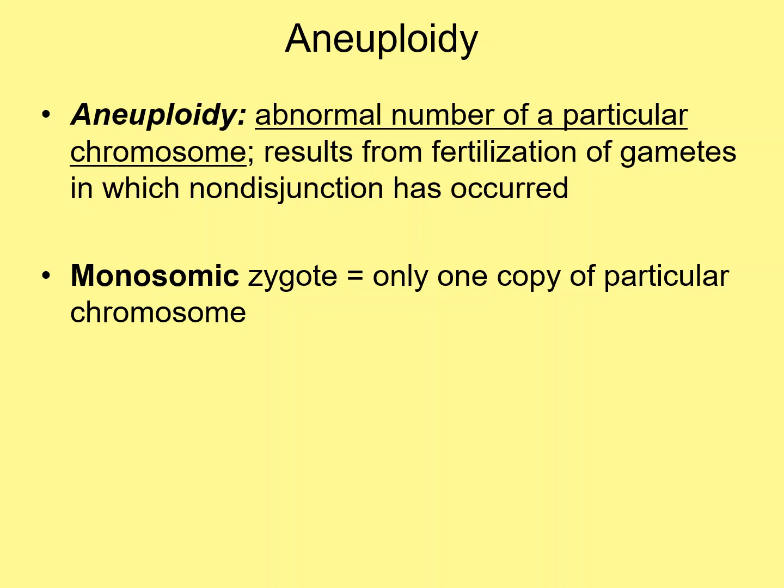The only monosomies that are really viable in humans are ones in which you're missing a sex chromosome. If you're missing any of the autosomes, then that typically is a fatal condition.